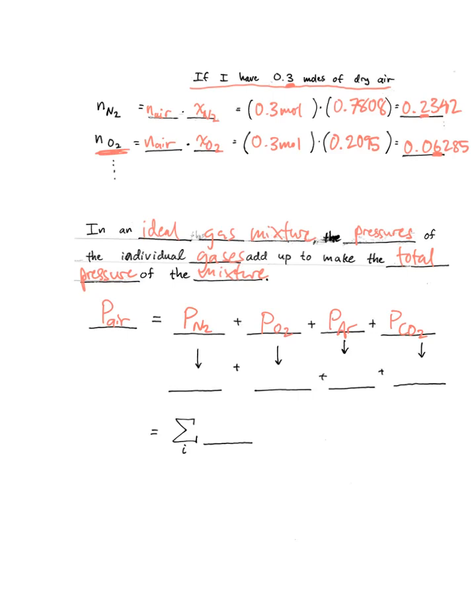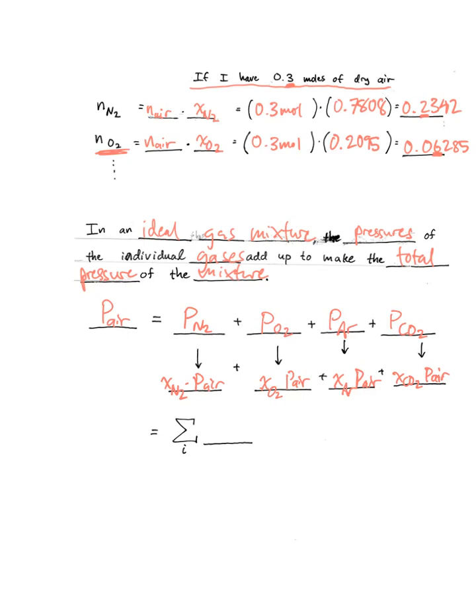And the way that we get the pressure of, say, just the nitrogen gas is we take the mole fraction of the nitrogen gas and multiply it times the total pressure of the air. Same with the oxygen: mole fraction of the oxygen gas times the pressure of the air. Mole fraction of the argon gas times the pressure of the air. And the mole fraction of the CO2 times the pressure of the air. So that's how you can find each of these quantities.